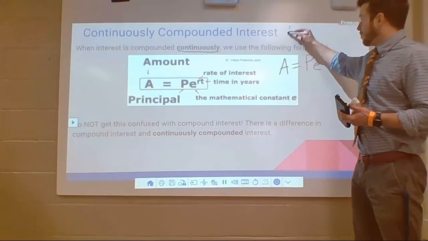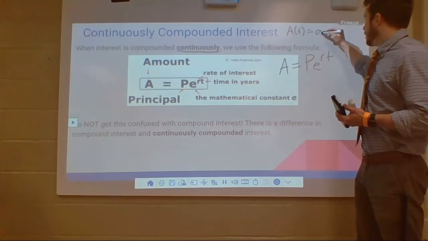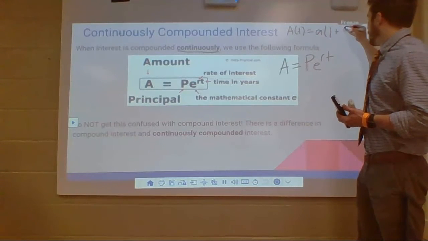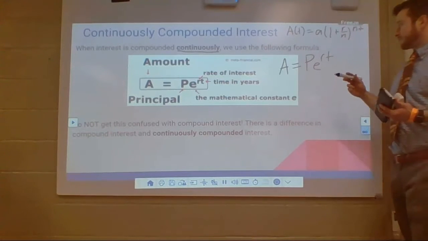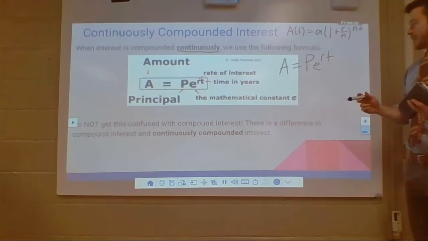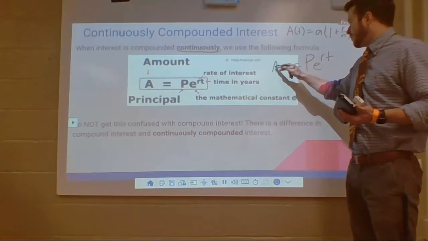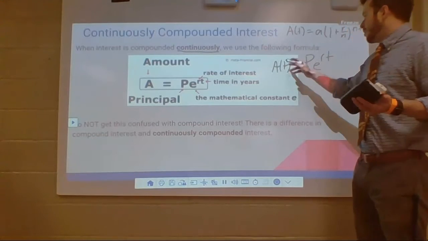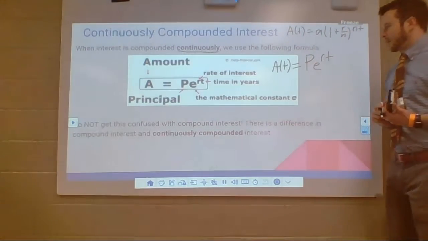It was, I believe, A of t equals A times 1 plus r over n to the nt power. Okay? So that was the formula we learned last week. Now, we can, instead of A, we could say A of t. Okay? But regardless, this just means the final amount after a certain amount of time, right?